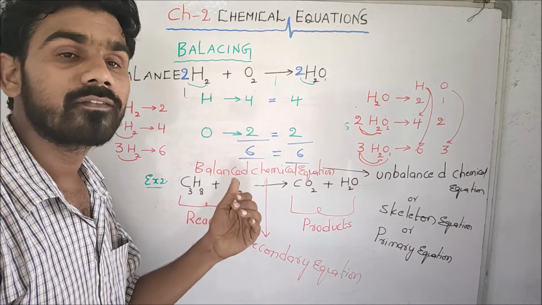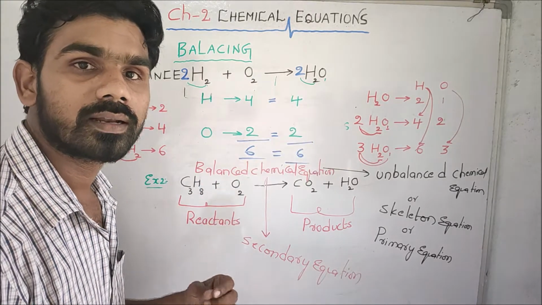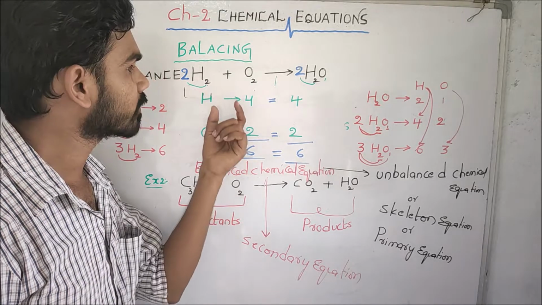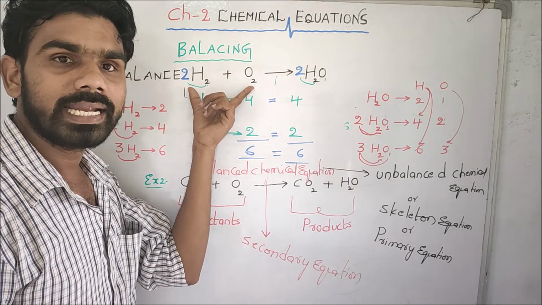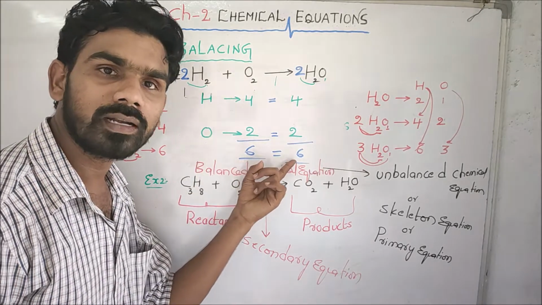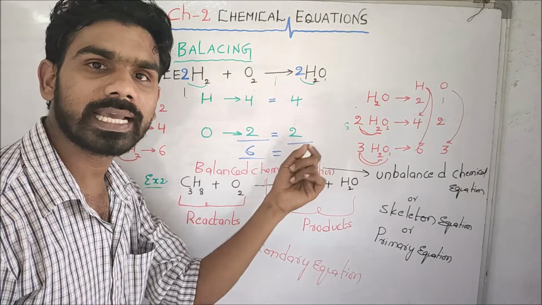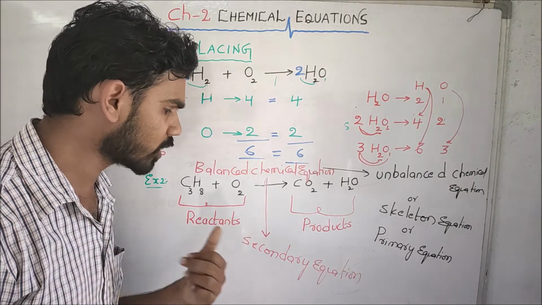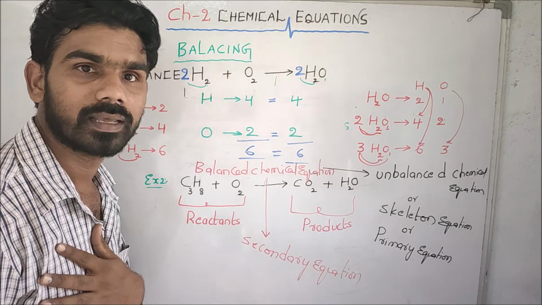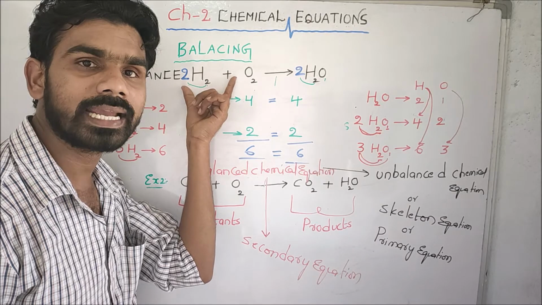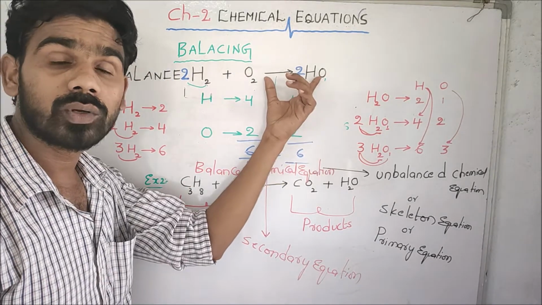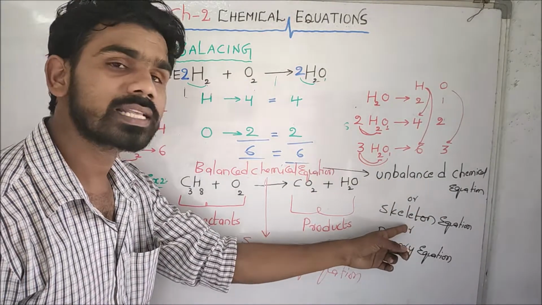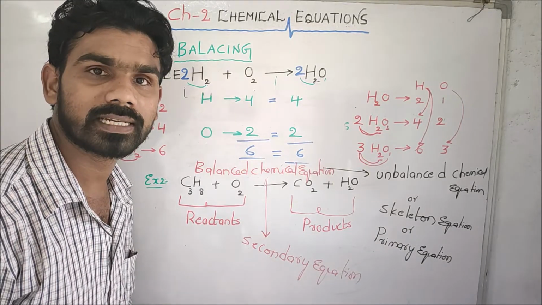The substances present on the right side of the arrow are called products. If the total number of atoms on the reactant side is equal to the total number of atoms on the product side, that chemical equation is called a balanced chemical equation, also called a secondary equation. If they are not equal, it is called an unbalanced chemical equation, skeleton equation or primary equation.